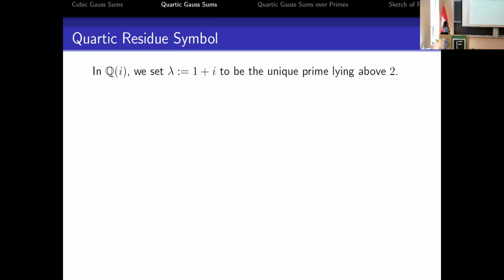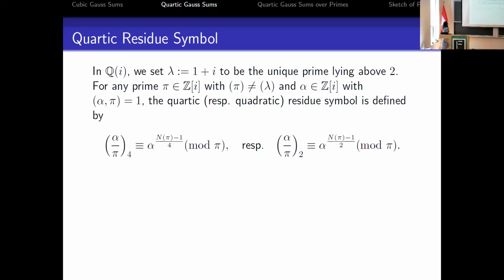Now for quartic Gauss sums. Just to make sure that we're all on the same page, I'm going to do a very quick overview of the quartic residue symbols. Here we work in Q adjoin i. Let lambda be 1 plus i. It's the unique prime lying above the ramified prime 2.